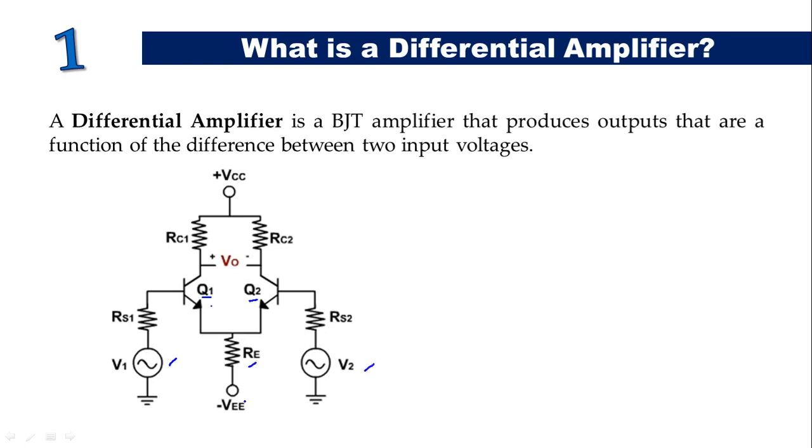Then meron tayong RE, then negative voltage, positive supply voltage, and then dalawang resistor. So, in this case, ang configuration natin is that parang meron tayong common emitter circuit na ikinabit natin sa common base na circuit. So, ganun ang itsura ng isang differential amplifier.